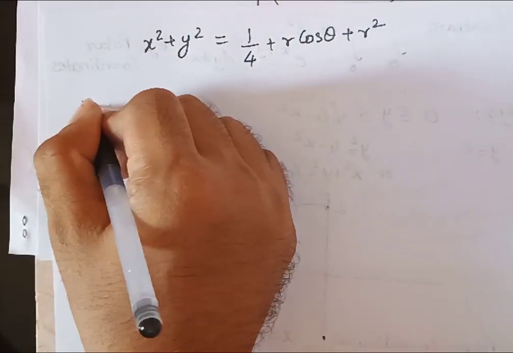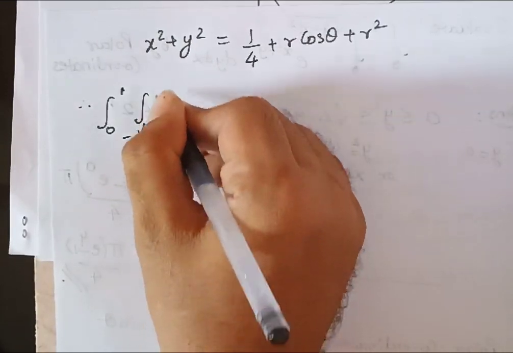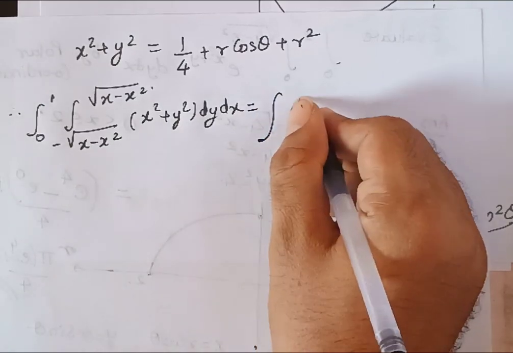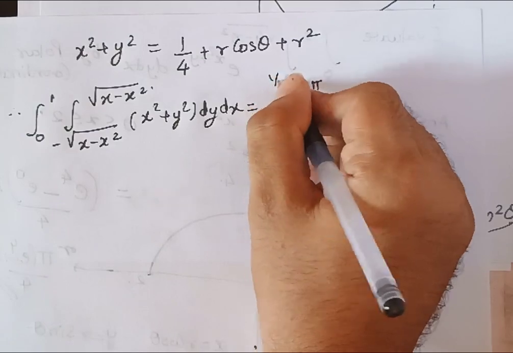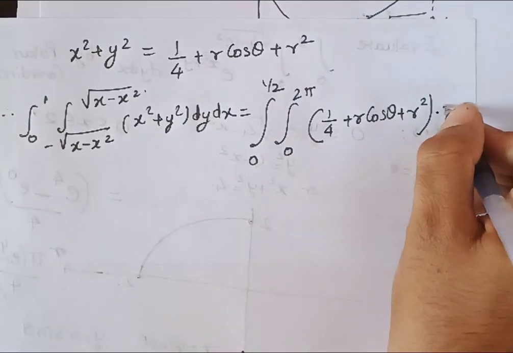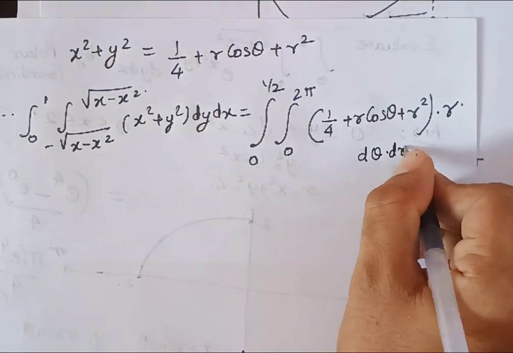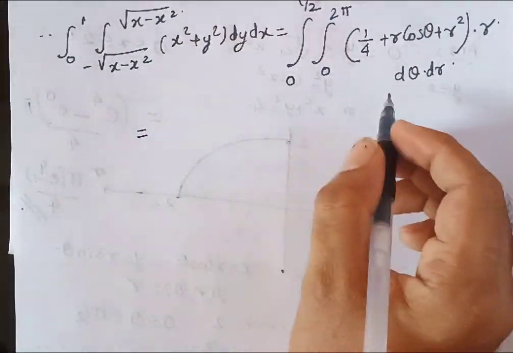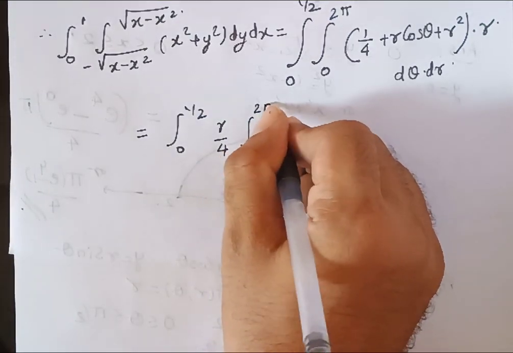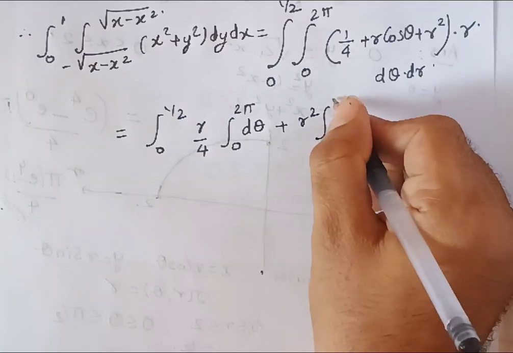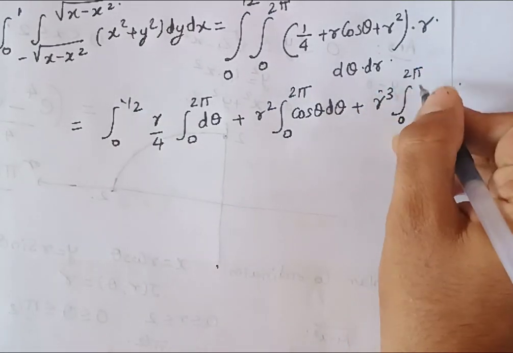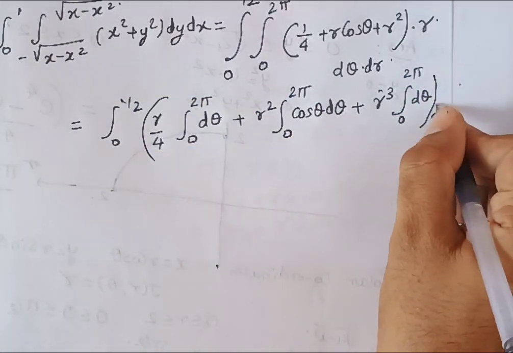Therefore my integration from 0 to 1, minus square root of x minus x square to square root of x minus x square, x square plus y square dy dx, now becomes the integration of theta from 0 to 2 pi, radius from 0 to half, and the function changes to 1 by 4 plus r cos theta plus r square, and don't forget to multiply by the Jacobian, and since theta is first, d theta dr. So this will reduce to, after multiplying by r, the integration from 0 to half of r by 4 integral 0 to 2 pi d theta, plus r square integral 0 to 2 pi cos theta d theta, plus r cube integral 0 to 2 pi d theta, all integrated with respect to r.